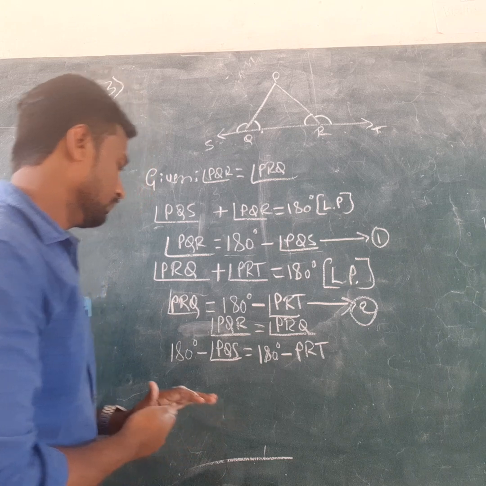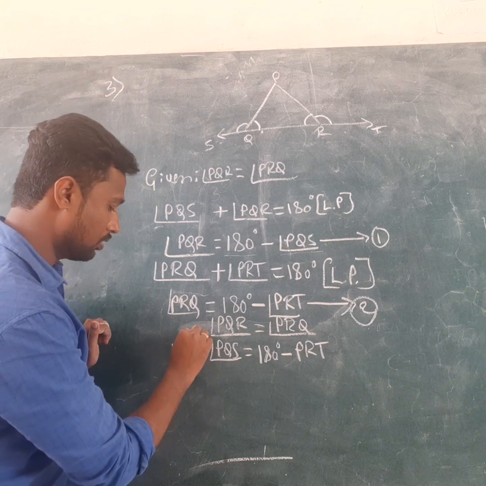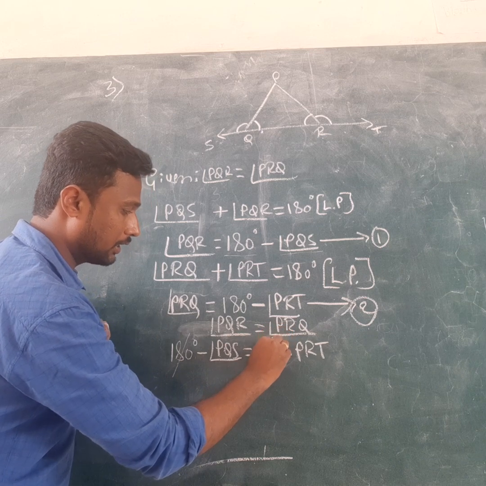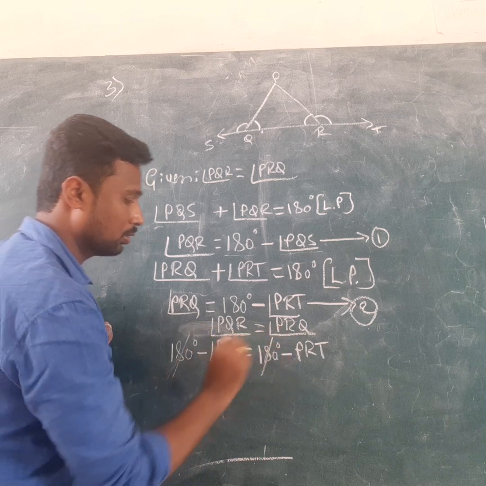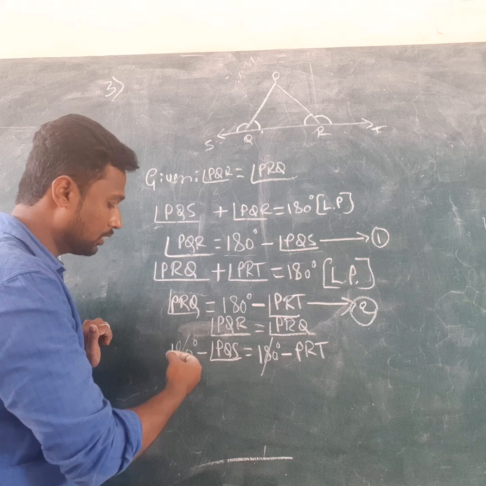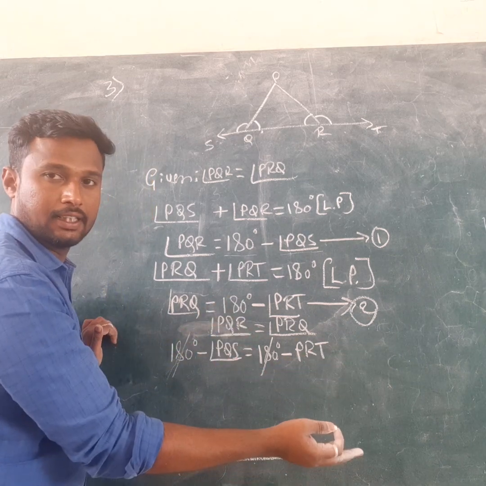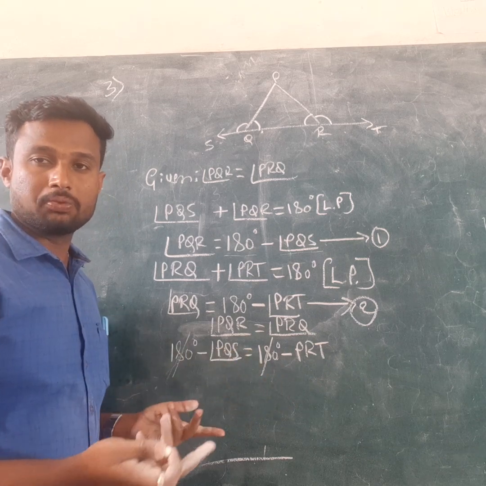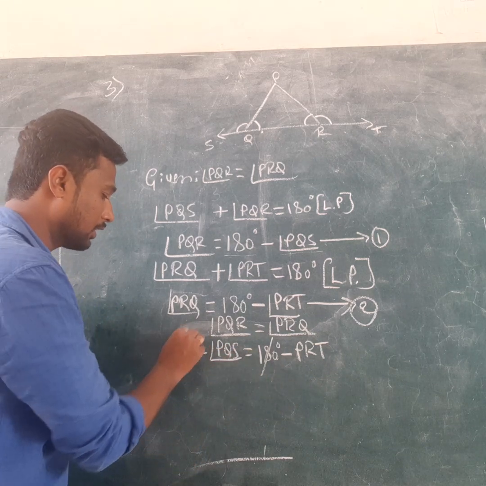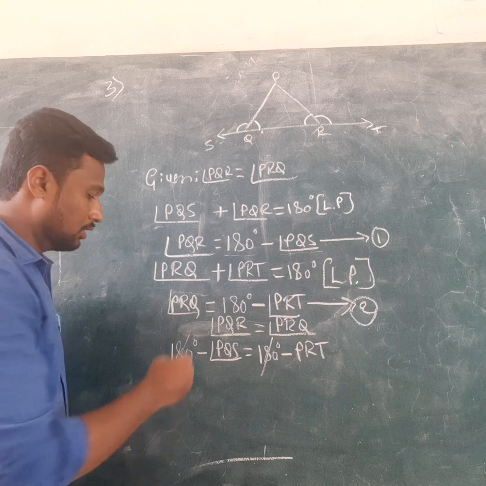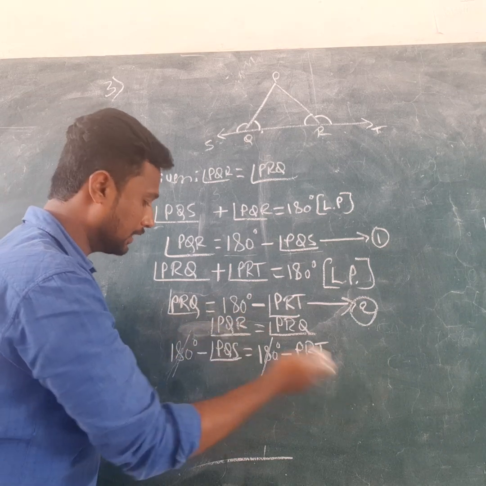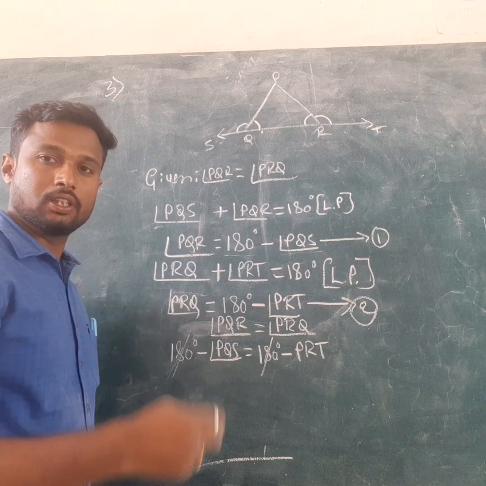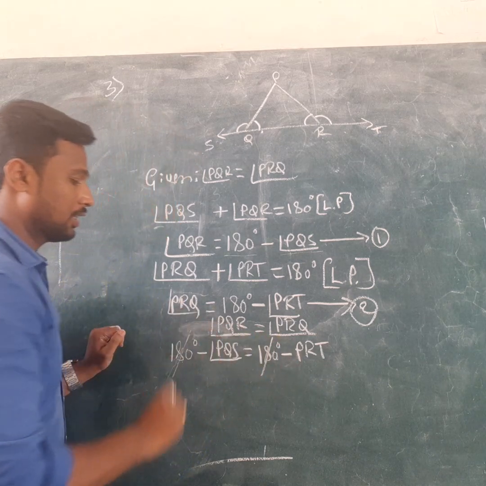So now here also 180 degree, here also 180 degree. I will cancel both these values, or you can move this 180 degree to right hand side. So it will become negative integer. 180 minus 180 means 0 only. So directly I will cancel here.